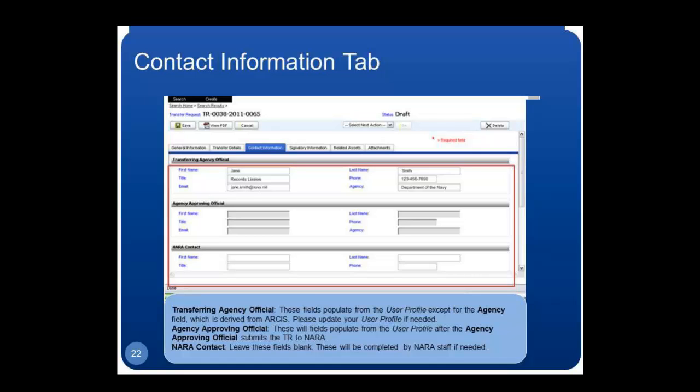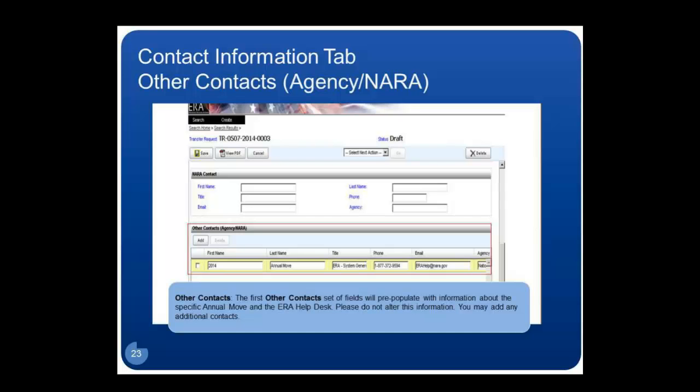This NARA contact, don't worry about this. If you are doing a direct offer and you've got somebody that you're working closely with at NARA and you want to put their information in here, fine. But for annual move type material, this is not going to get this to anybody any faster. Okay? You really don't need to put any information in there.